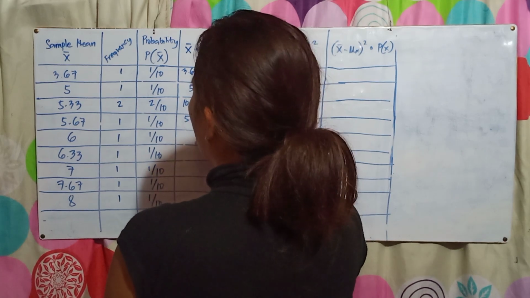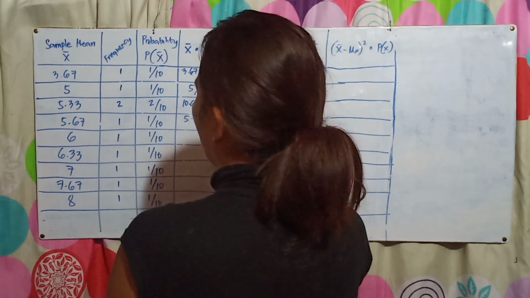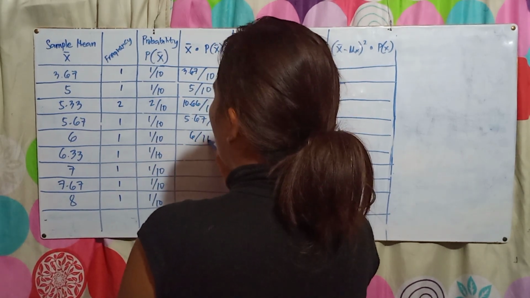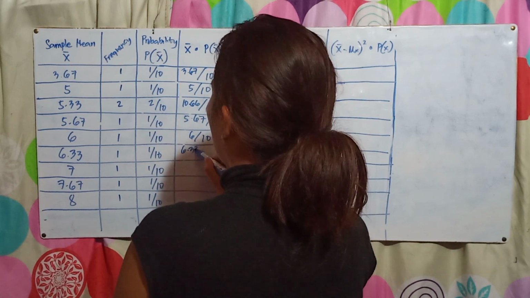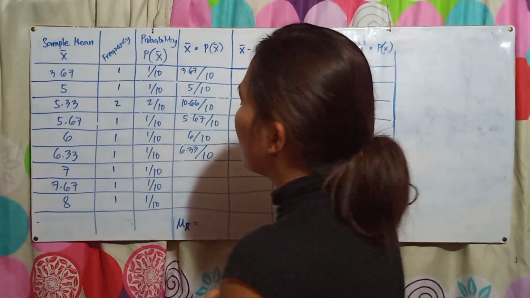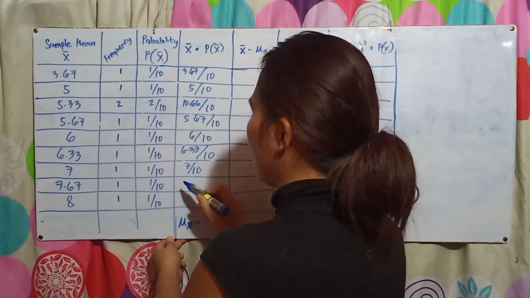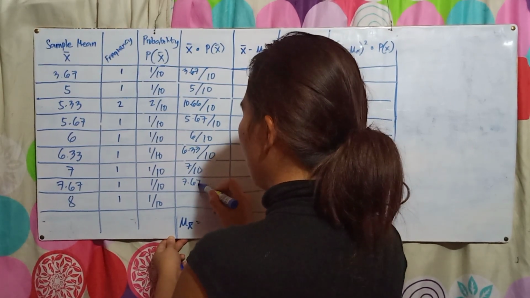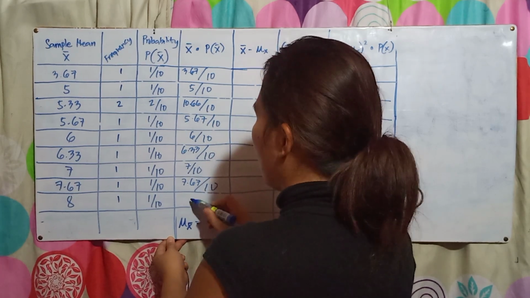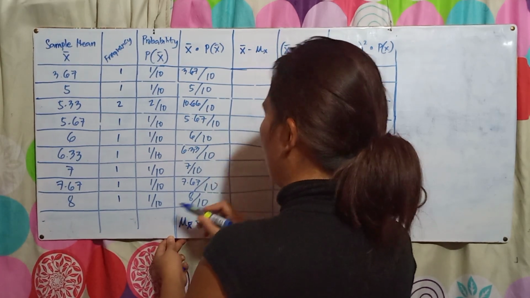Then 5.67 over 10, 6 over 10, 6.33 over 10, 7 over 10, 7.67 over 10, 8 over 10.